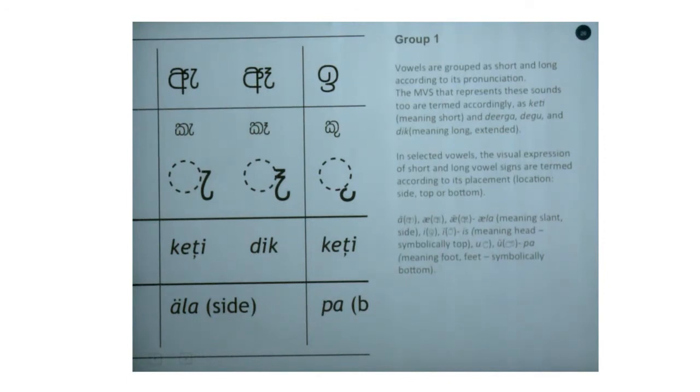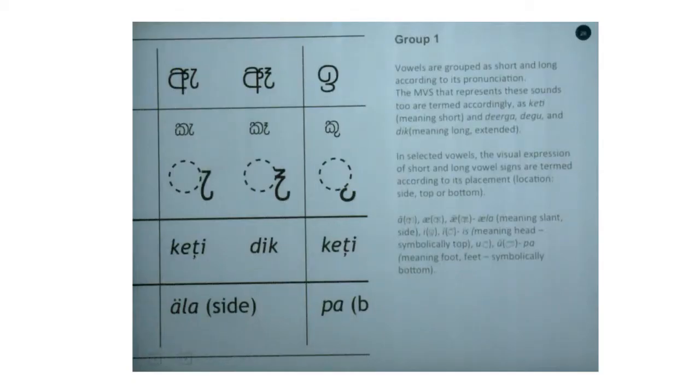stroke. So I'm talking about how these two terms had come in, whereas in selected vowels, the visual expressions of short and long signs are termed according to their placement. So we have the Alapilla as the side, and then we have Ispilla as the top.